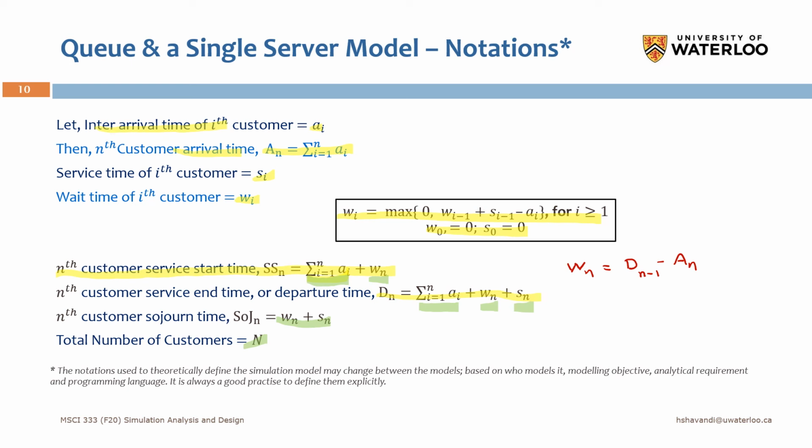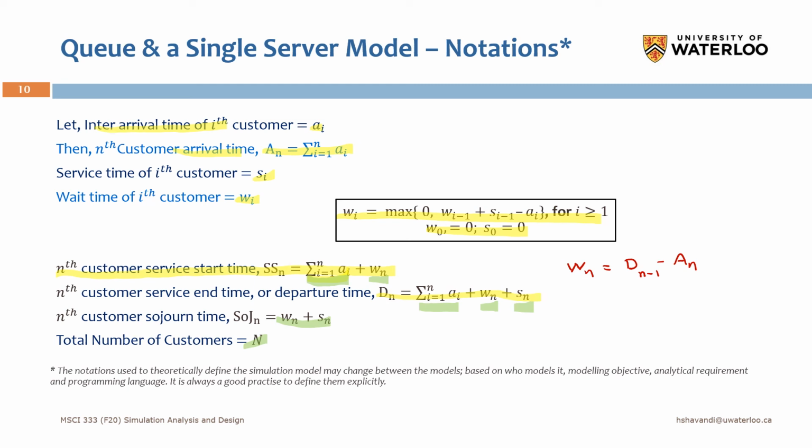But if the previous customer, n minus 1, has departed the system before the nth customer arrives, then there will be no line, and customer n will join the server immediately. So there will be no waiting time, right? So we can say the waiting time for customer n will be the departure time of the previous customer minus the arrival time of this customer, for let's say customer n.